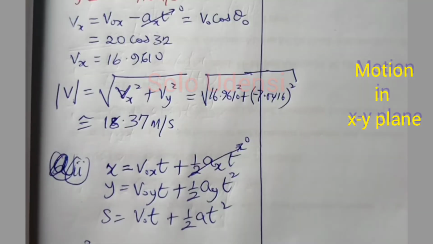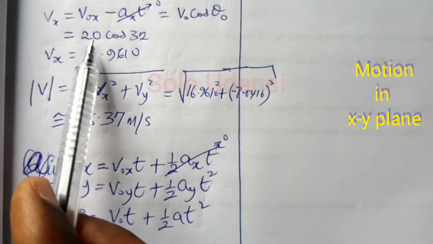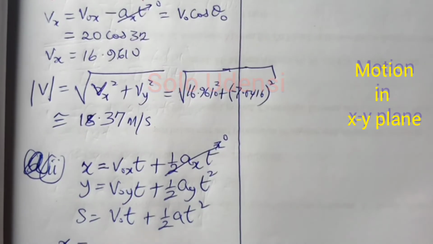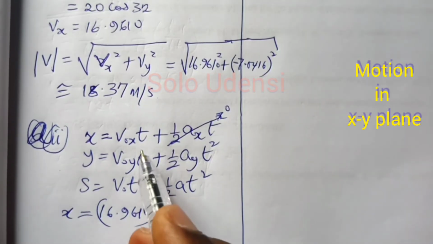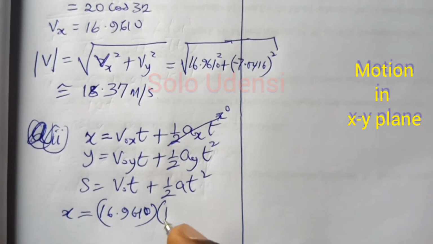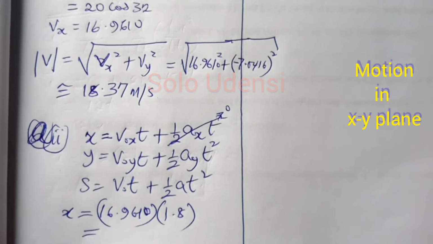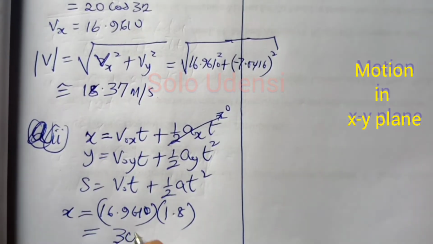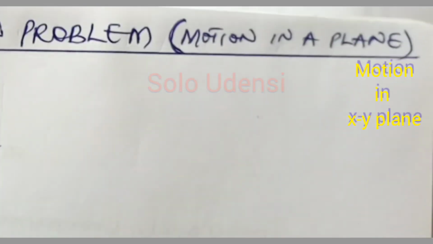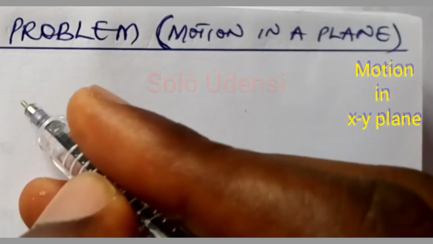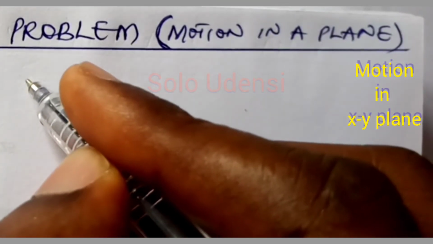So x is equal to 20 cos 32, which is 16.9610, times t, this t 1.8, and we'll get it to be 30.53 meters.